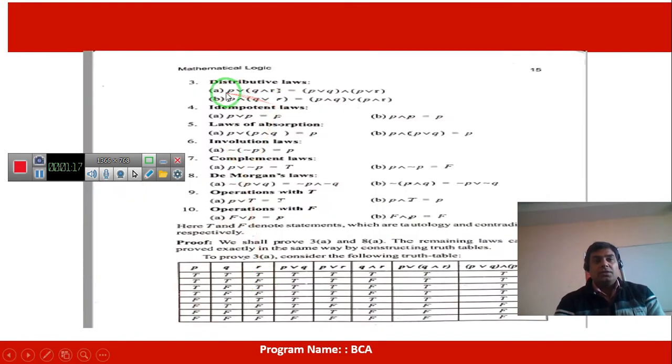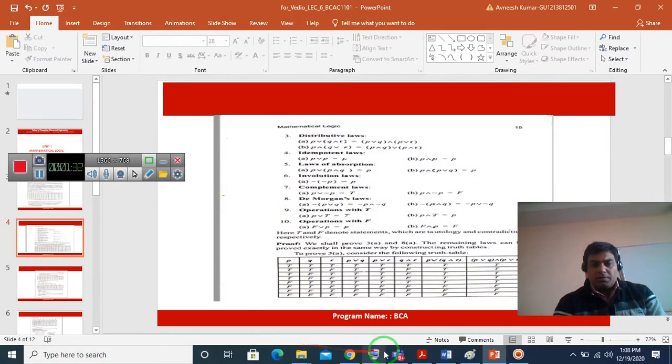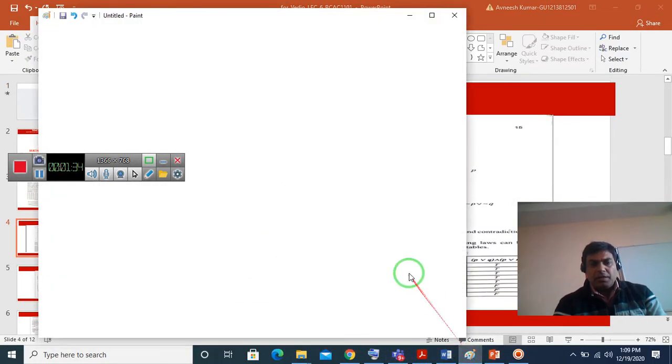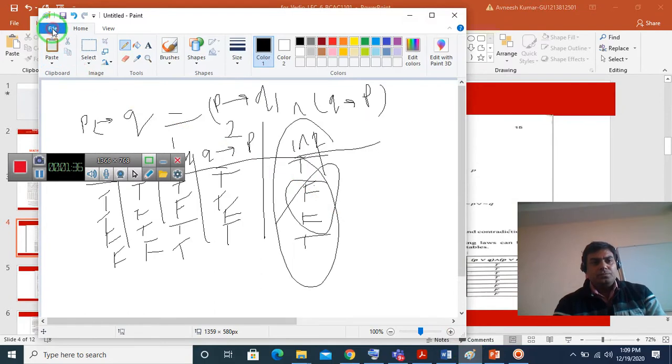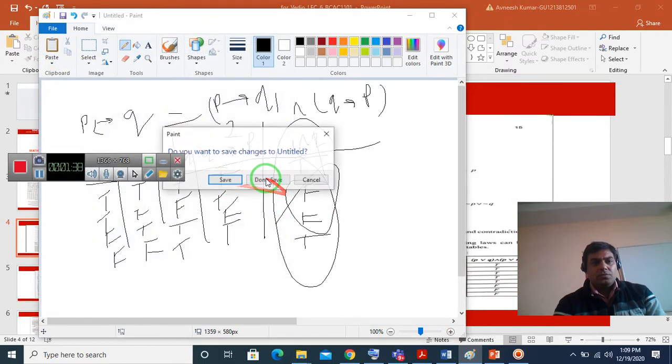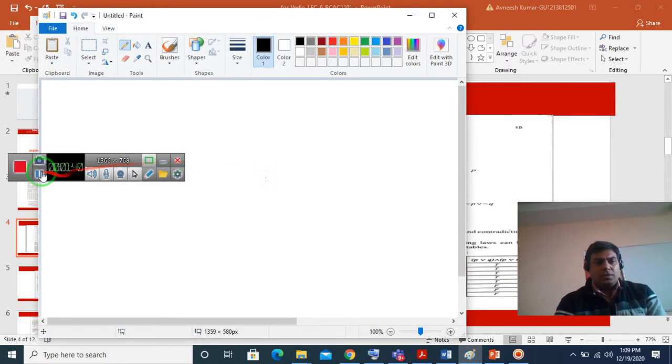Now the third rule is the distributive law. Distributive law means that p disjunction q will multiply with r. There is a little bit of difference here, so I will explain with the paint.